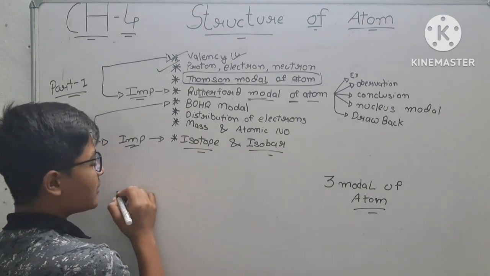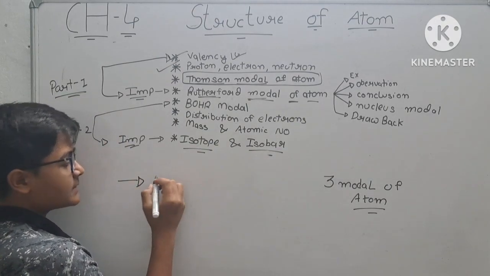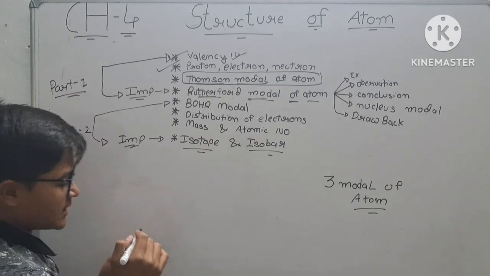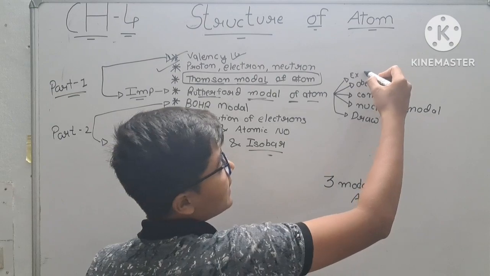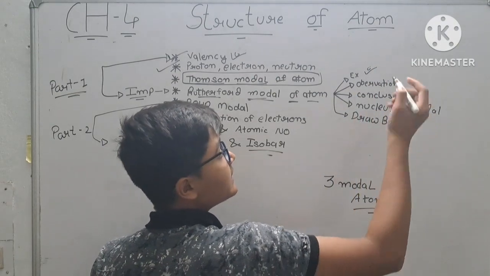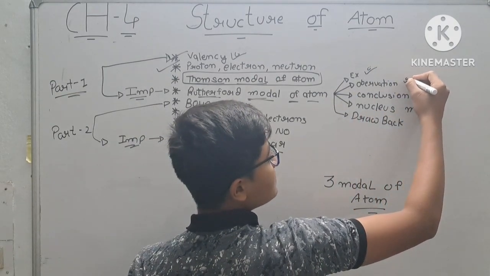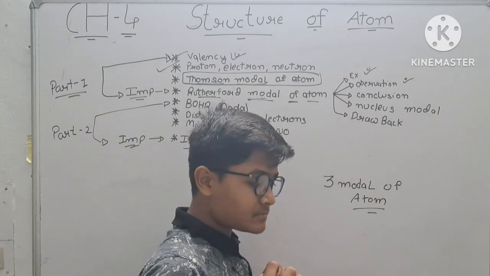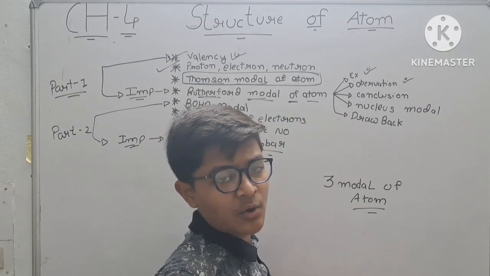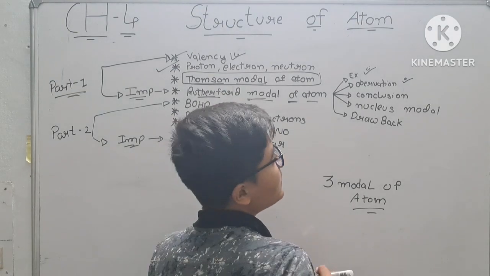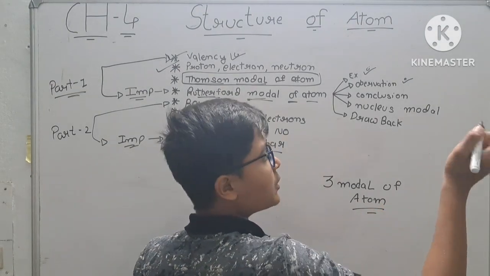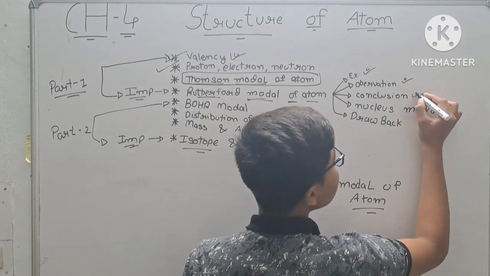In Rutherford model of an atom, there are 3 topics. Okay, I have written them also there. First, he did an experiment. He observed what is going on in the experiment. He observed all those things. Then he made a conclusion.